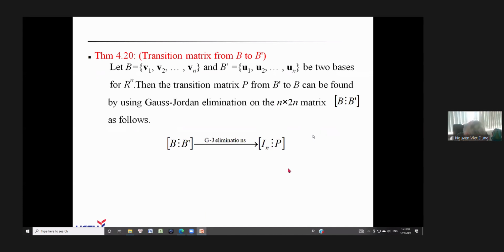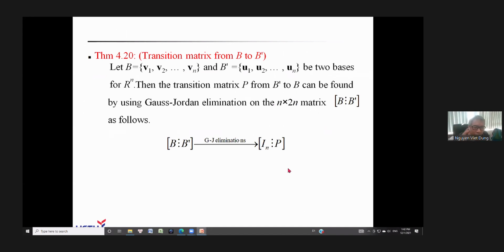Then once again, one of your exercises, one of your tasks, is: please find the transition matrix from B to B prime or from B prime to B. How can you find it?